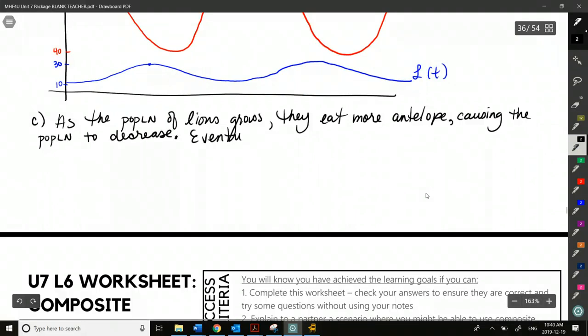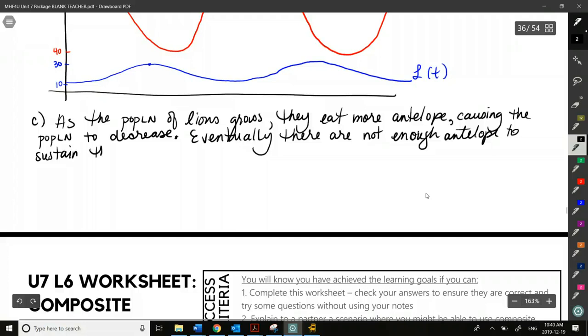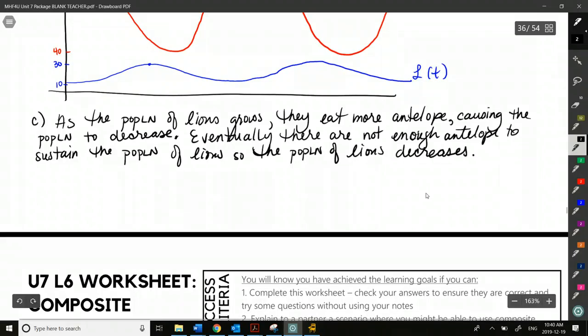Eventually, there are not enough antelope to sustain the lion population. Okay, so the population of lions is going to decrease.